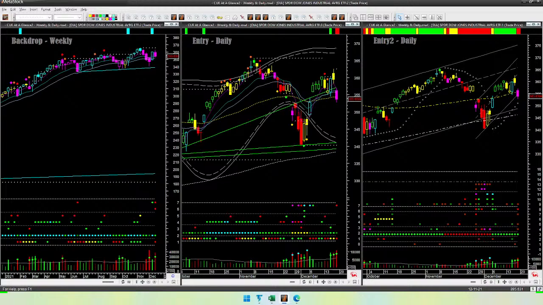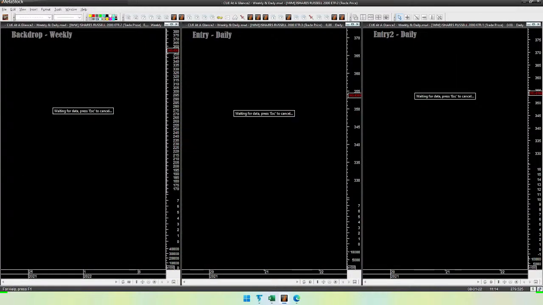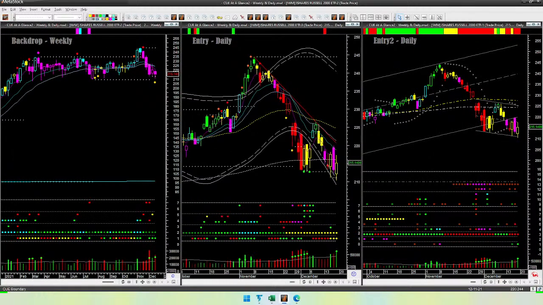Lastly, IWM small cap ETF. If we look at the weekly chart, it was inside a box for a long time. Briefly, it broke out, and I mentioned at that time, before knowing the result, that I was not going to buy.